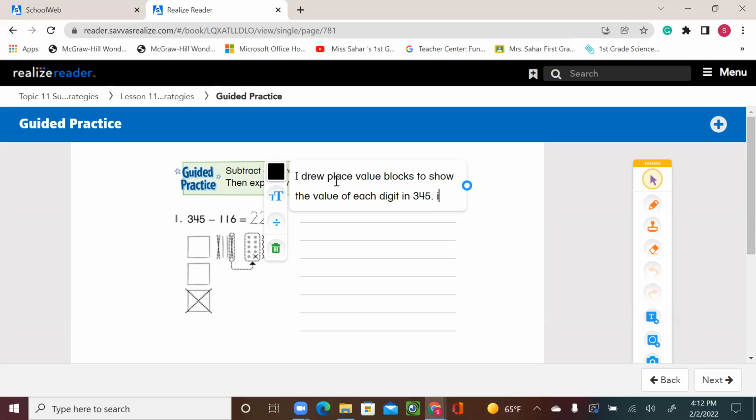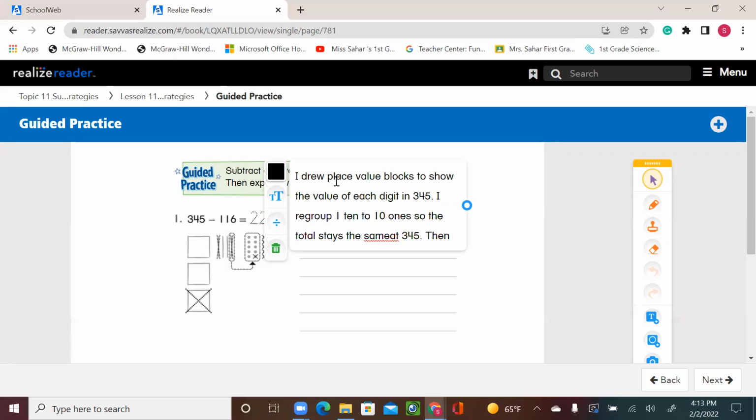Then we will regroup 1 ten to 10 ones. So the total stays the same at 345.